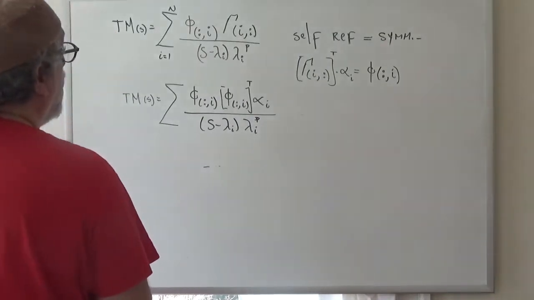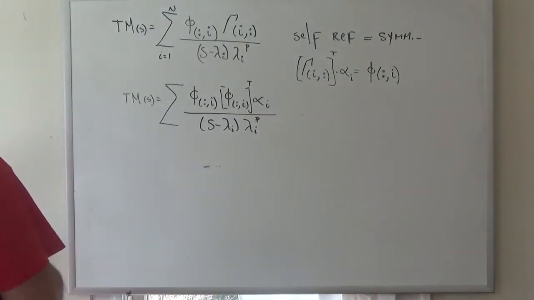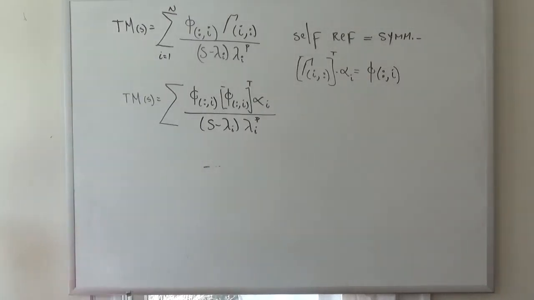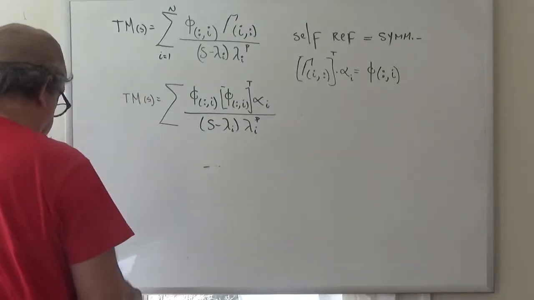Okay? So my numerator there now is forced to be symmetric, or shows that it's symmetric, right?